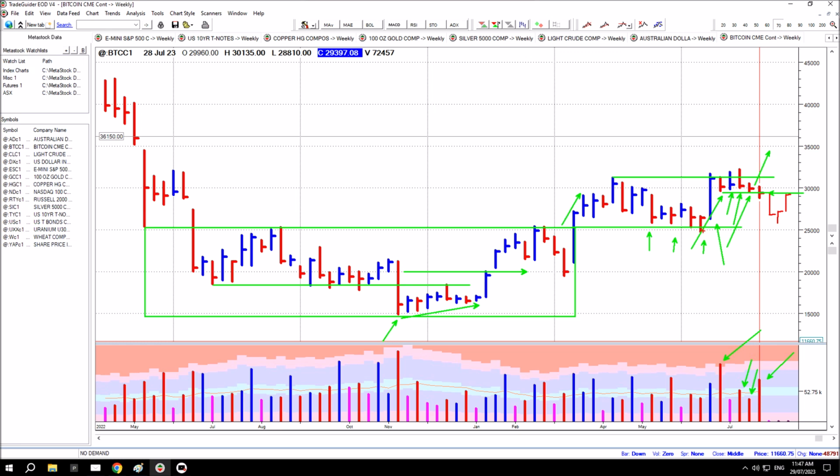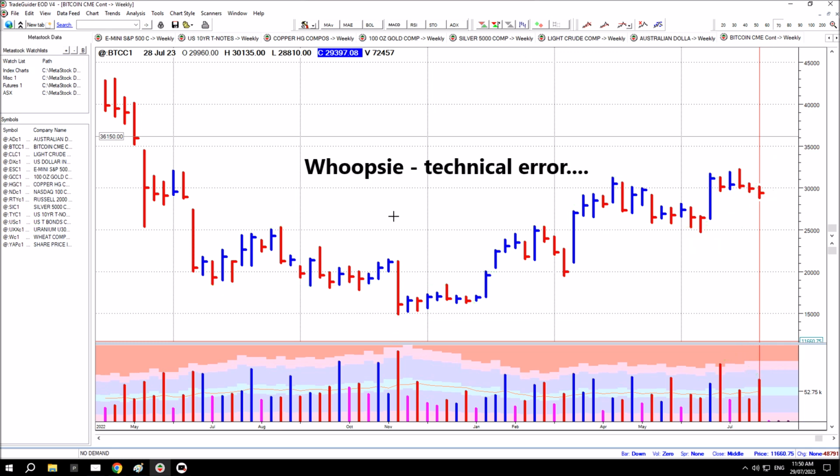So keep in mind that price has been in consolidation mode for 5 weeks now in response to this up bar.